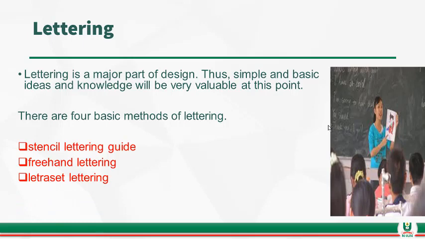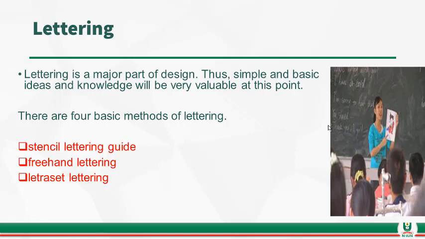Instant lettering. These are usually commercially prepared letters and numbers that can be carefully transferred to a design. So letter set is basically a design where the user can transfer the letter to where you want to produce it, and place it there.